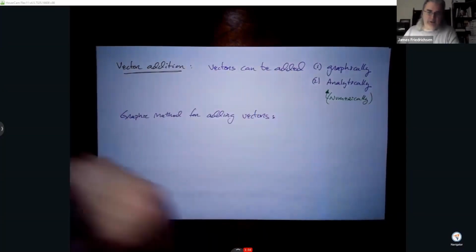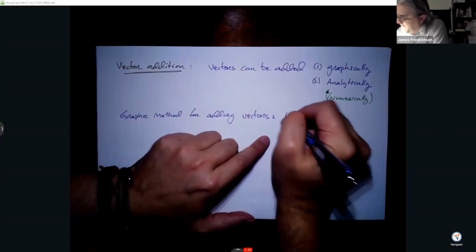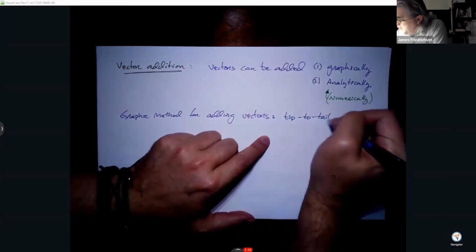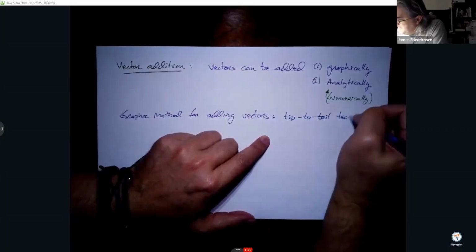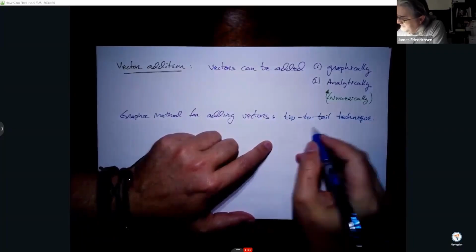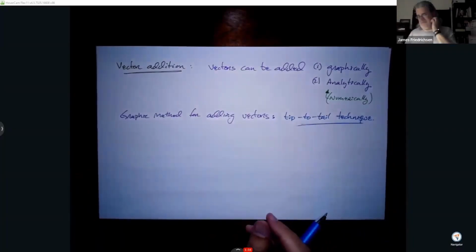then the technique we're going to favor is called the tip to tail technique. Okay.